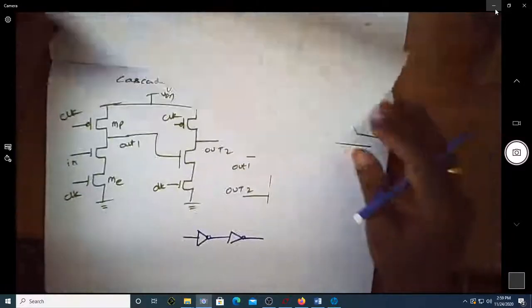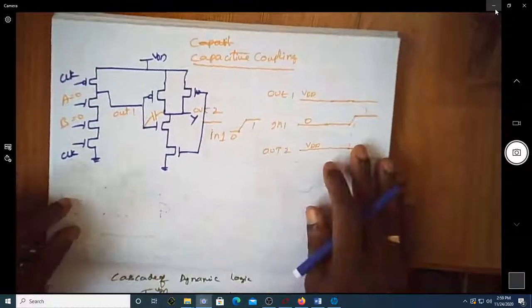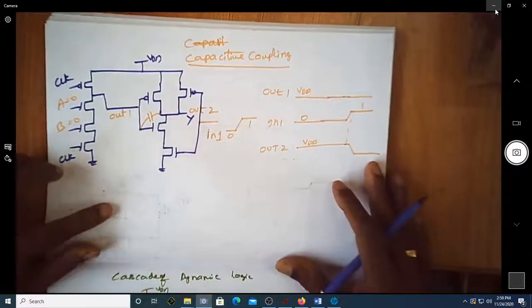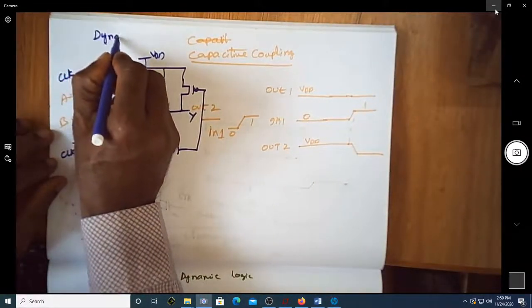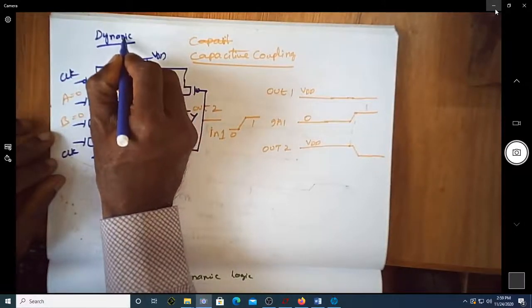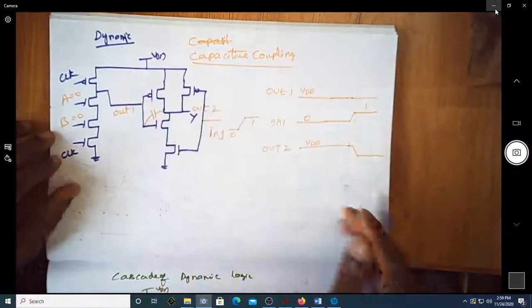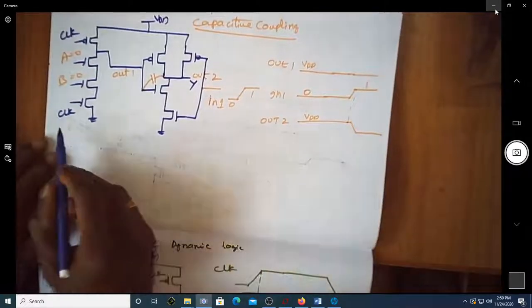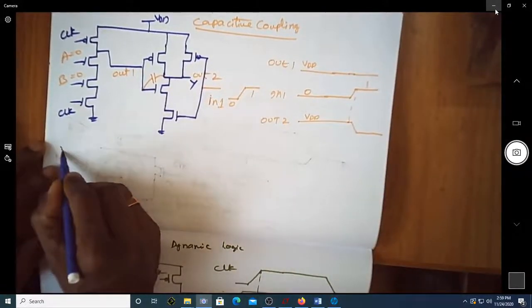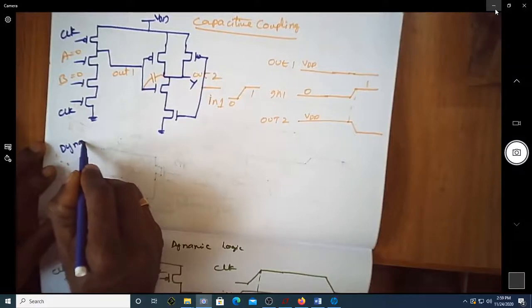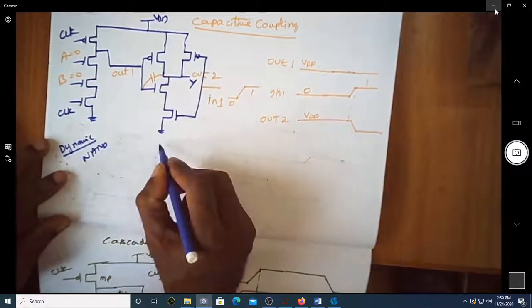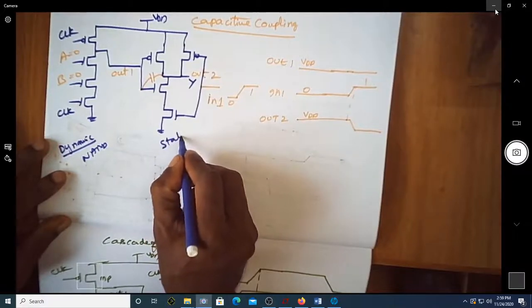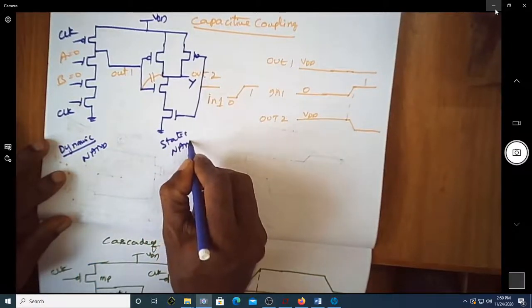Let us see one more issue, again in dynamic logic. In this dynamic logic, can you see this is a dynamic NAND gate, and this is a static NAND gate, for understanding purposes.